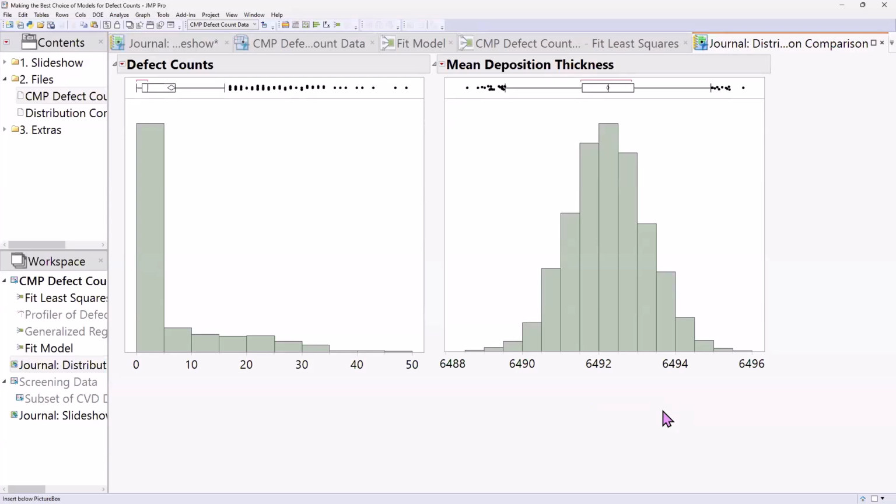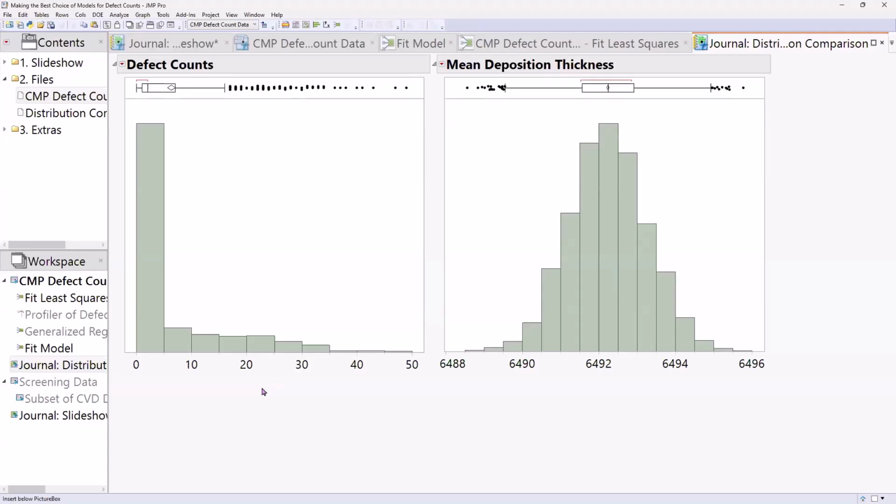Now, for a center-is-best type of process variable, like deposition thickness, the distribution on the right would be indicative of a process that's stable and running on target if we were just collecting real-time observational data. Another important thing to keep in mind with continuous measurement metrics like this: the variation and the shape of the distribution tends to be a result of only one mechanism. It's very common to think about it in that way. Shape may be different for different mechanisms, but it tends to be a single mechanism.